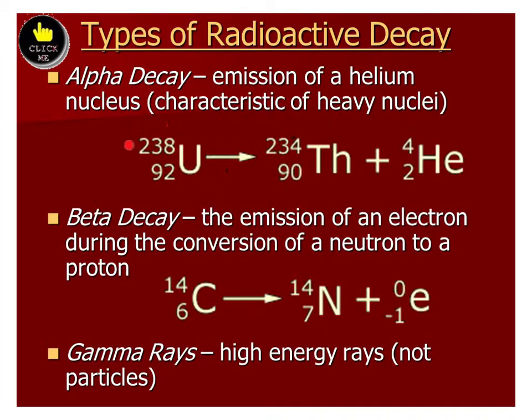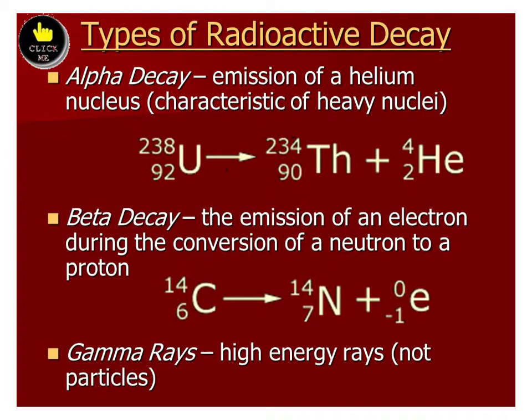So we have uranium-238 decaying into thorium-234 and giving off an alpha particle, which is what we call our helium nucleus. Note that 238 equals 234 plus 4, and that 92 equals 90 plus 2. Remember, what's on each side of the arrow has to equal.